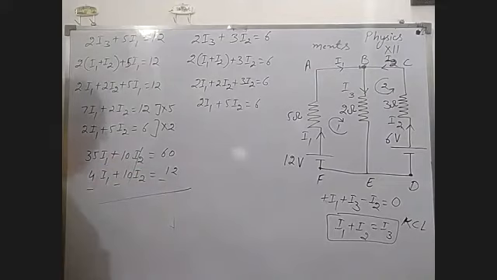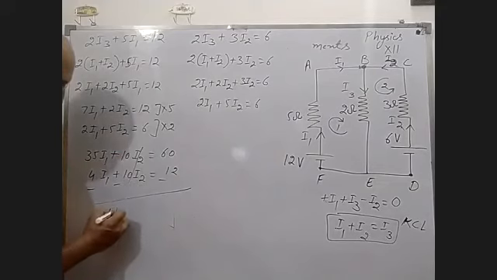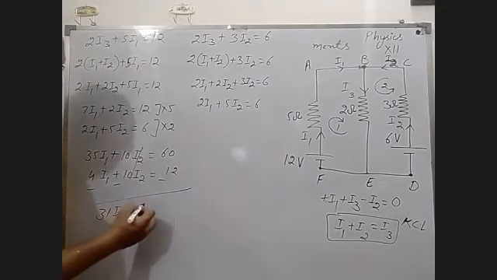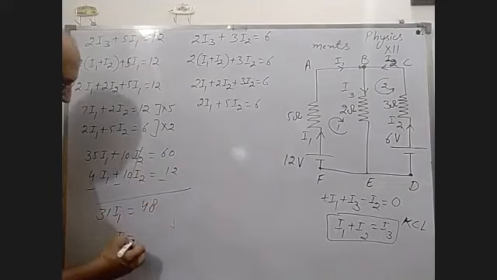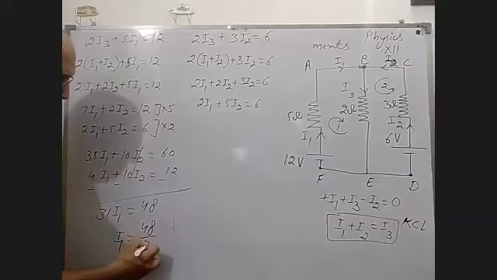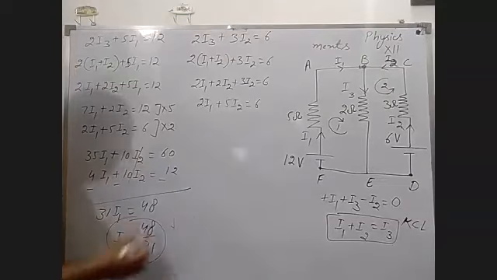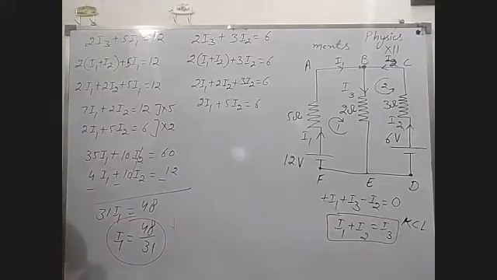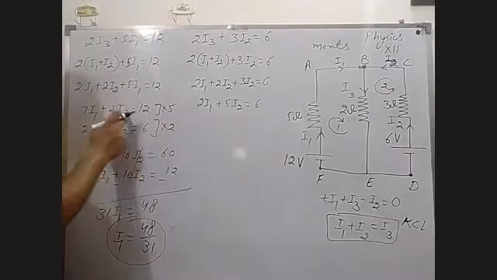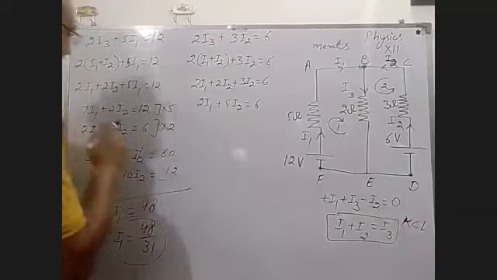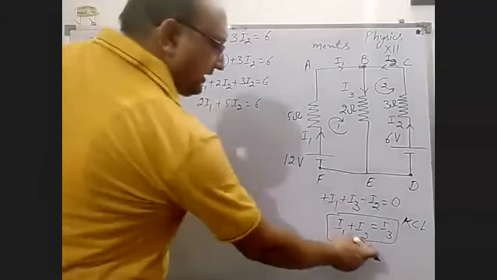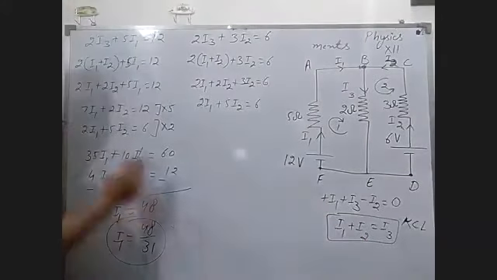Now 10I2 and 10I2 cancel. This thing becomes 31I1 and this thing becomes 48. And I1 value will be equal to 48 upon 31. This is your I1 value, 48 upon 31. In the similar way, you can calculate the value of I2 and then I3. By putting in this equation, I3 you can calculate.